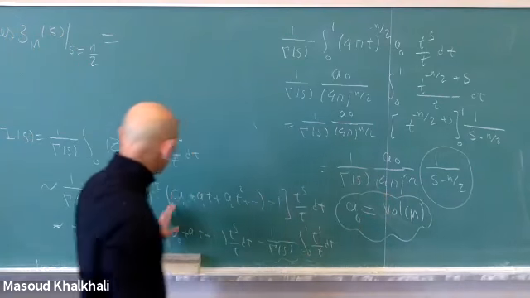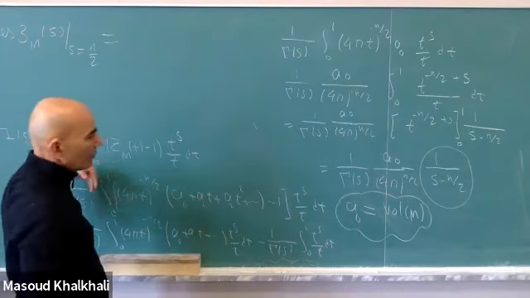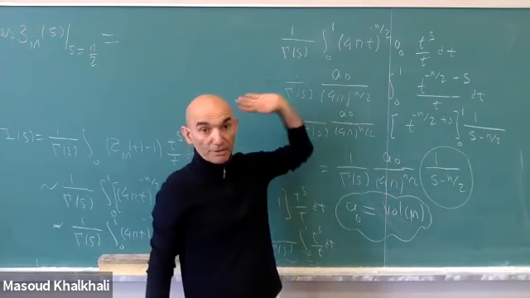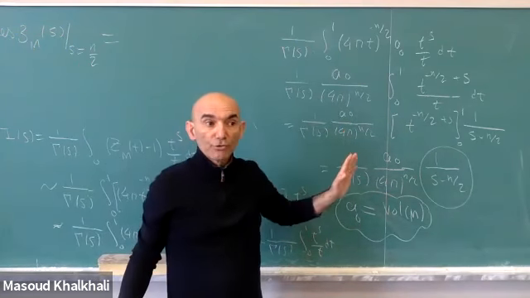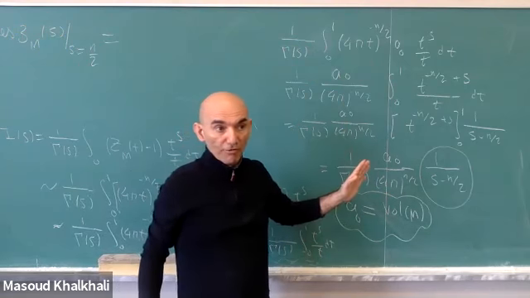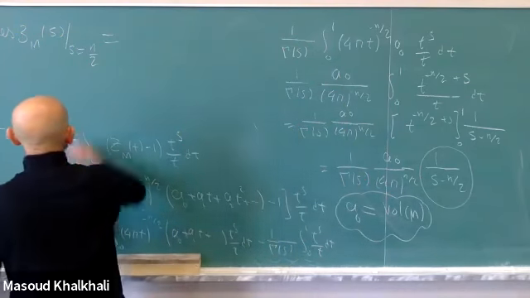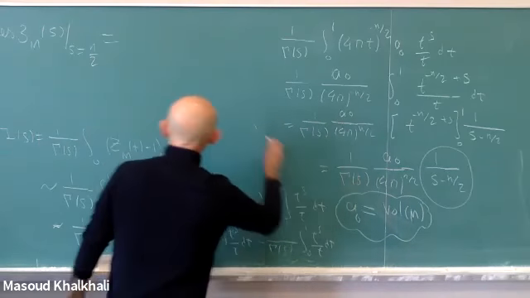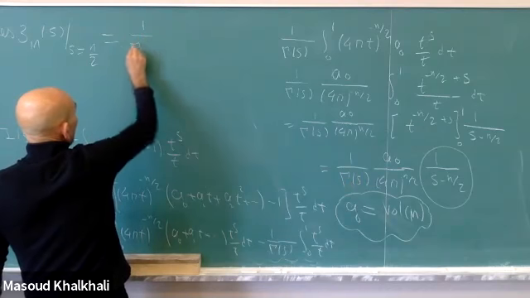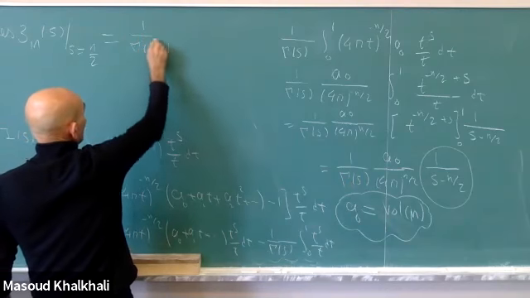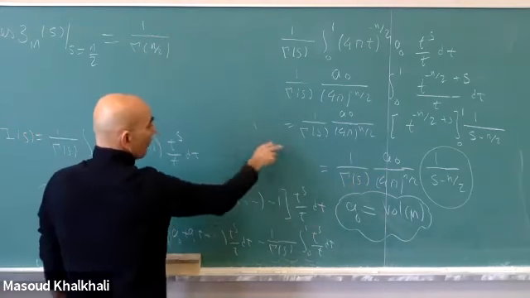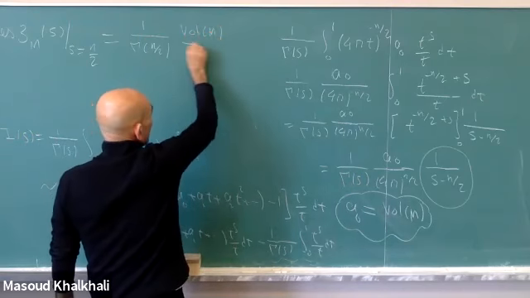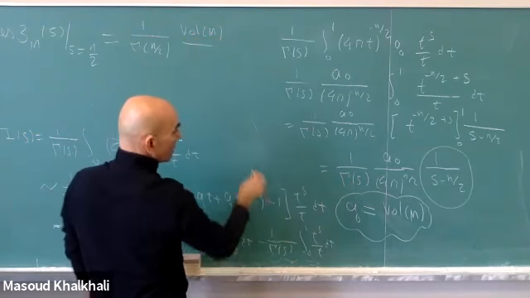The terms before and after this, and the terms from that second part that I discarded, are not going to contribute to the residue because they are holomorphic. So if you just take the residue at n over 2, you get 1 over gamma of n over 2, whatever this number is, we know, times the volume of M divided by 4 pi to the n over 2.